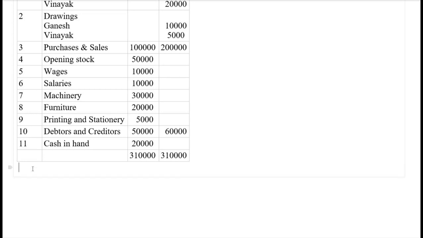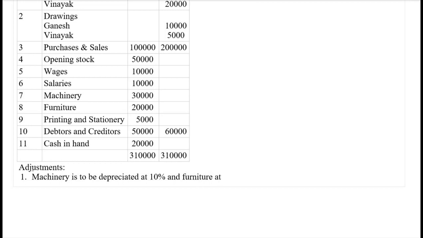Then there are adjustments here. Machinery is to be depreciated at 10% and furniture at 5%. Provision for doubtful debts at 5% on debtors.